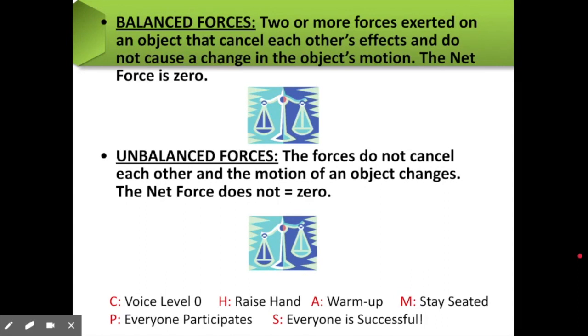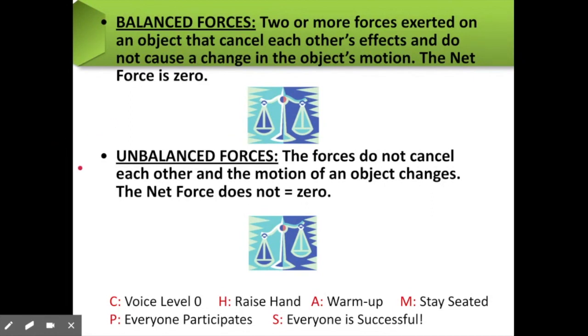The net force is zero. So if you look at this graphic right here, it's like a scale. Notice how the trays on the scale are even. That means they're balanced. That means whatever we put in there, they're the same. They're canceling each other out, and the scale doesn't move.